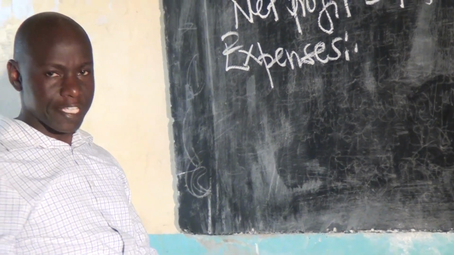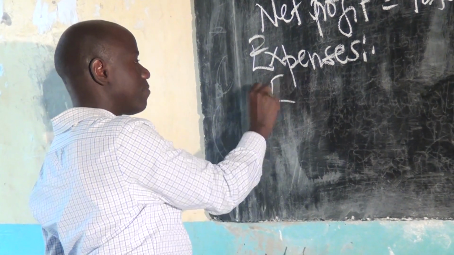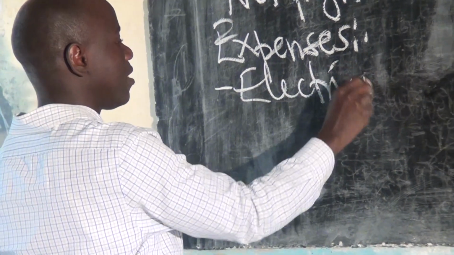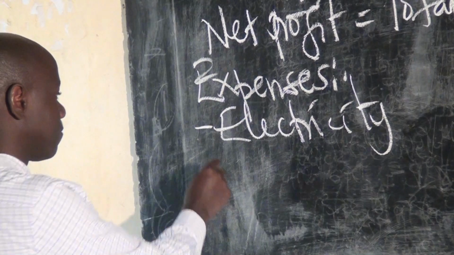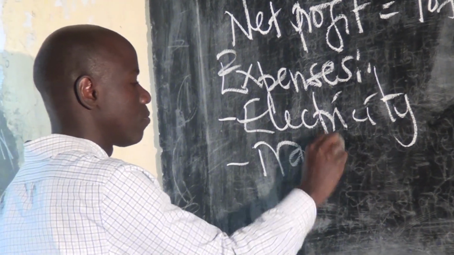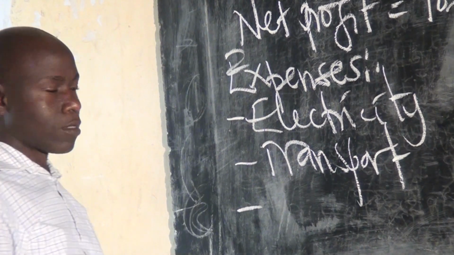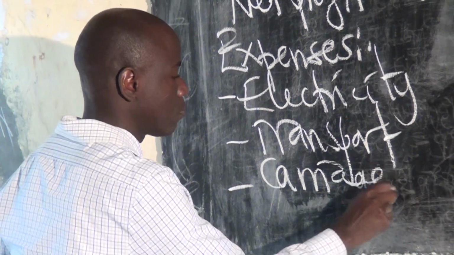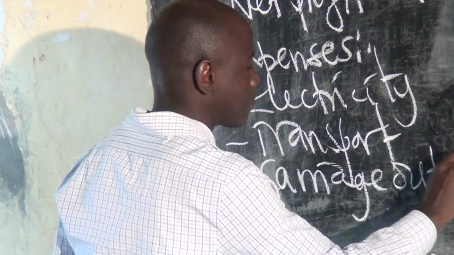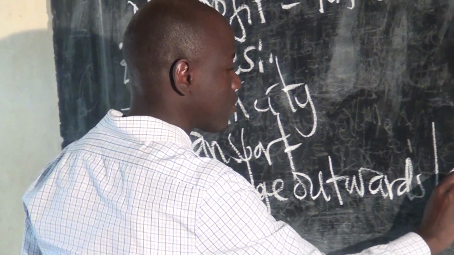Some examples of expenses. We may talk about electricity. The business spends money on electricity for smooth running, transport. We have carriage outwards. Some people call it carriage on sales.